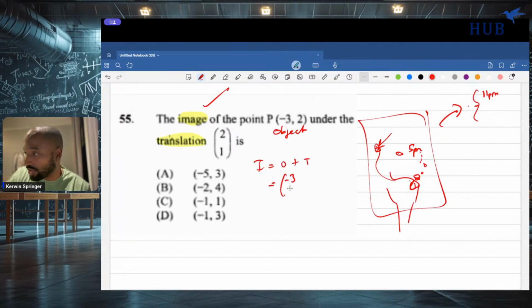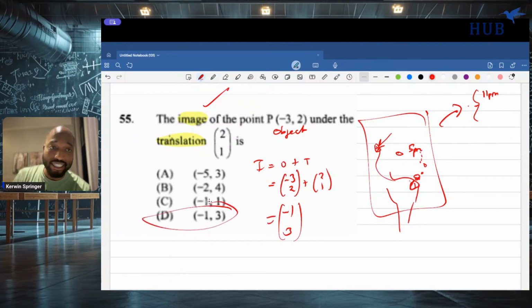So (-3, 2) plus (2, 1) gives (-1, 3). Yesterday they gave us something different, so watch out for that. Yesterday there was an error. You could go back and check the question. I left it in the channel, and I'll see what the answer was in the Discord channel.